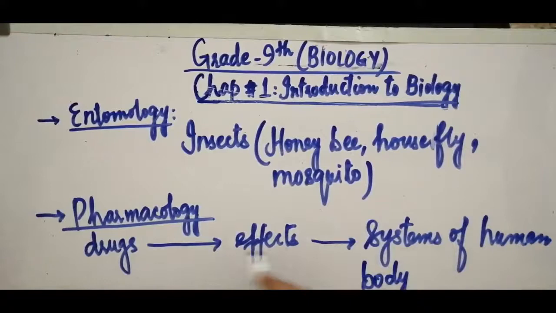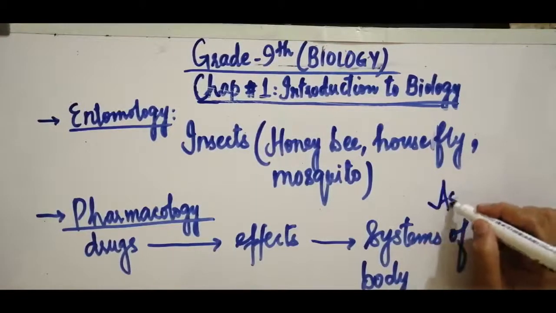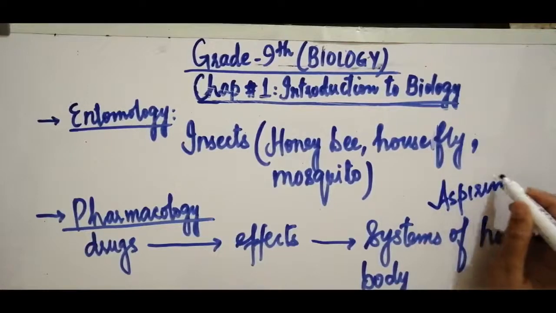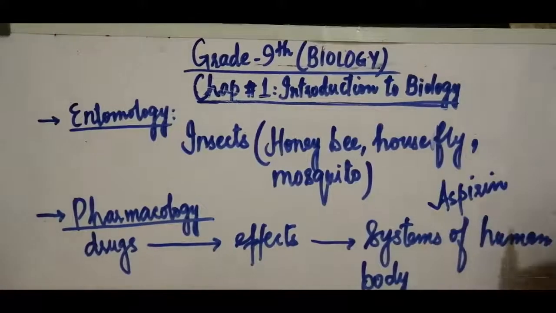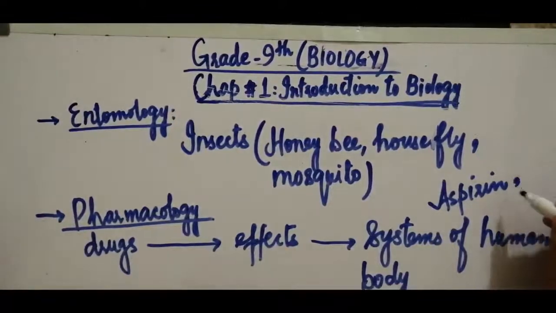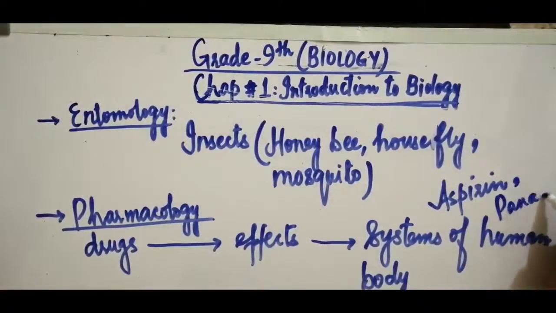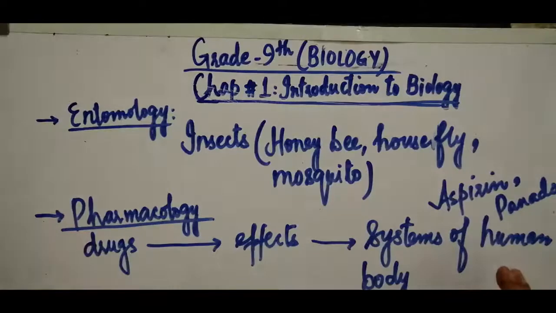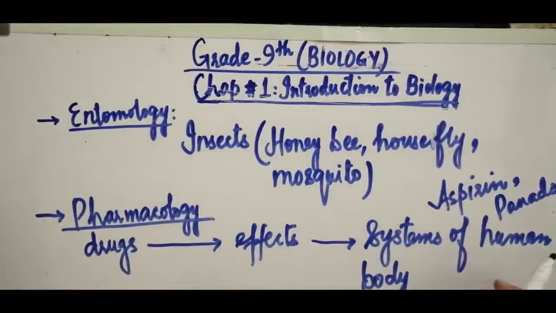Some examples of medicines or drugs are aspirin, which is a pain-relieving tablet, along with Panadol, and some other drugs which normally come in the category of addictive drugs are also included. But here we will see the therapeutic and useful effects of these drugs on the systems of the human body.